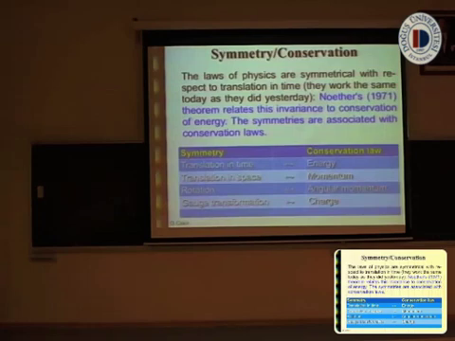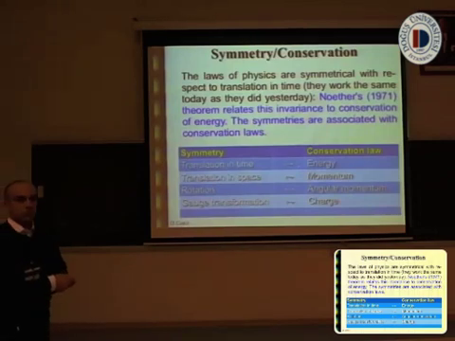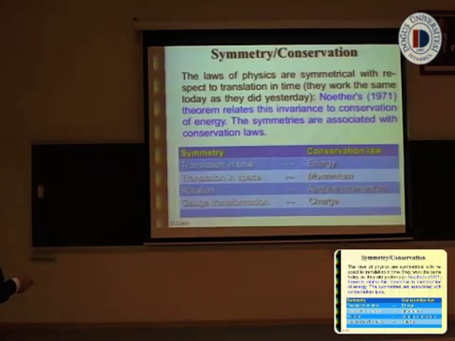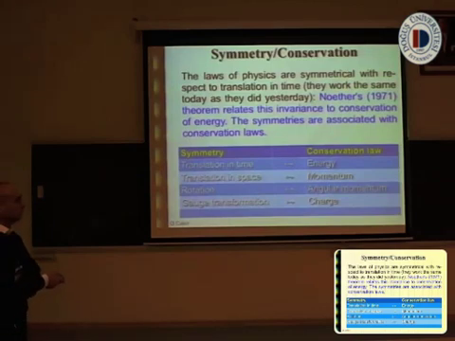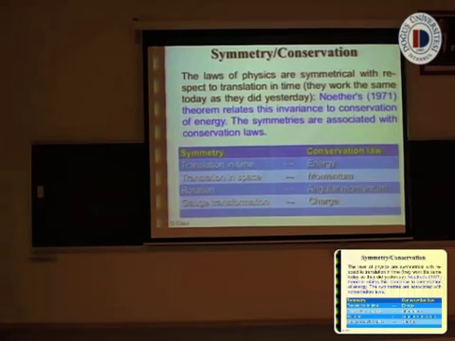For example, translation in time corresponds to the conservation of energy. Translation in space corresponds to the conservation of momentum. Rotation corresponds to angular momentum, and gauge transformation makes charge conserved.